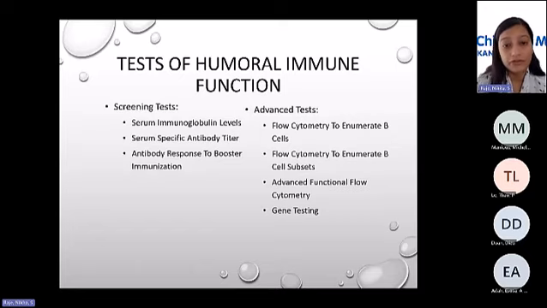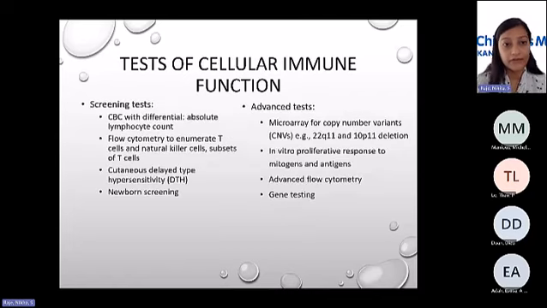You can get flow cytometry to look at B cells and B cell subsets, naive and memory B cells, transitional B cells. There is advanced functional flow cytometry that can look for particular proteins such as BTK for suspected XLA patients. And then molecular testing or genetic testing is part of that evaluation.